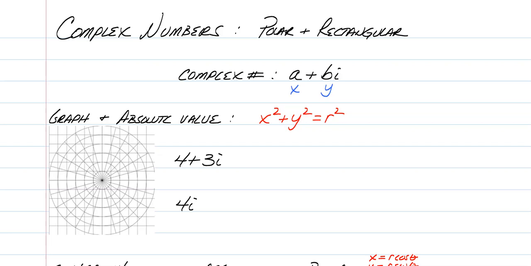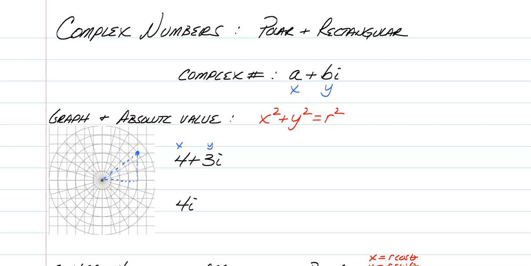Here's how. X is 4 and y is 3. So if we just went out to 4, 3, we're just going to plot that dot. Now, if you think of it in terms of x and y, that's your Pythagorean theorem. It's just a right triangle.